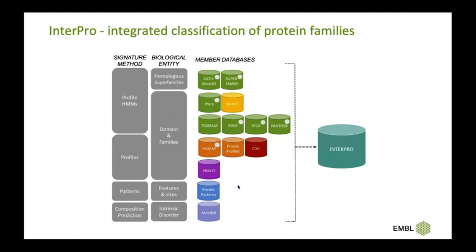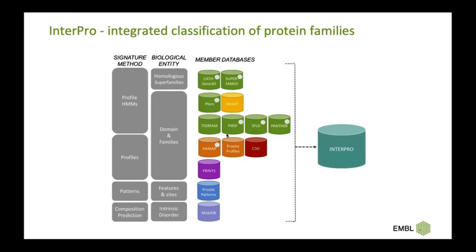All the member databases which are part of the InterPro consortium have a particular focus, for example structural or functional domains, protein families, or protein features, for example binding sites or active sites.